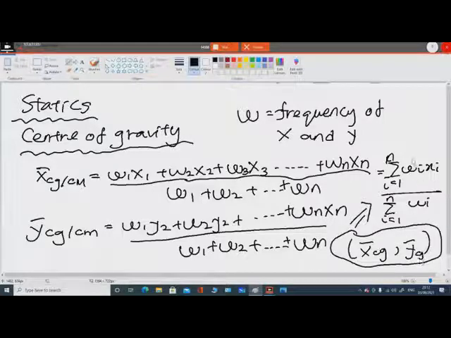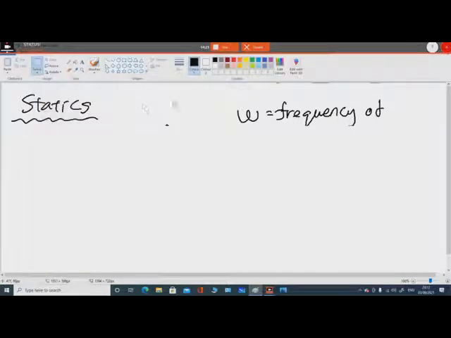Okay, so let's move to the next part. Let me erase this one, and this one as well. Okay, so let's talk about forces in equilibrium.